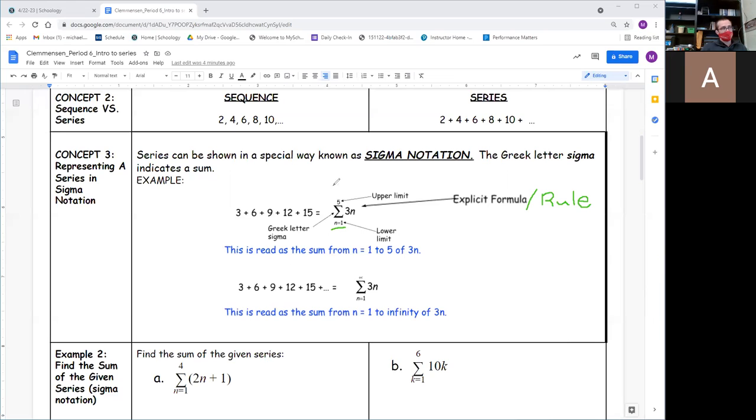Now, if I were to expand this out, it would look something like this. I would get that by taking this 3n and plugging in 1 through 5. So I plug in 1 first, plus 3 times 2, plus 3 times 3, plus 3 times 4, and then finally 3 times 5.